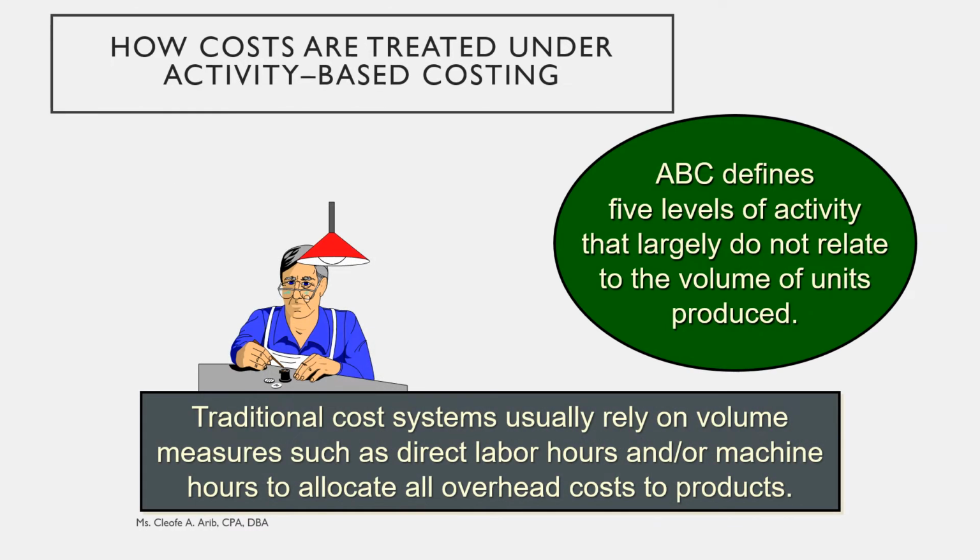Your traditional cost systems usually rely on volume measures such as direct labor hours and/or machine hours to allocate all overhead costs to products, while ABC defines 5 levels of activity that largely do not relate to the volume of units produced.